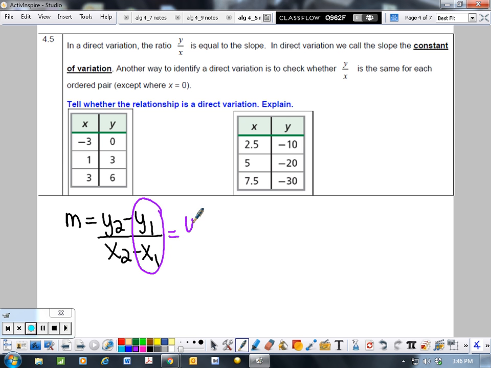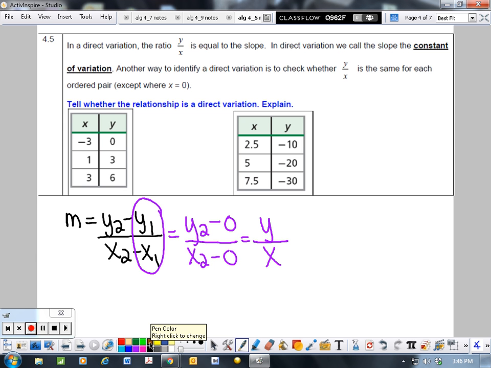So this looks like y2 minus 0 over x2 minus 0, which tells us that our slope will always be the value of any y point over the value of that x point. I could take any point x and y and calculate that slope, and it should be the same every single time. I can use that as a little trick with a table to figure out whether this has direct variation.